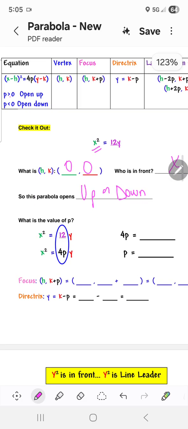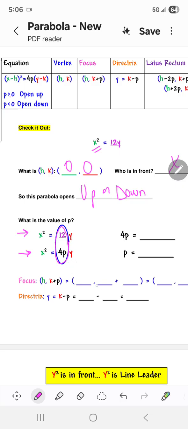How do I find the value of p? Take your equation. Write the general equation to match. Okay? I don't have the h here. I don't have the k here because my equation didn't have an h or a k. So write the general equation to match. Then draw a big old circle around the 4p and your value.